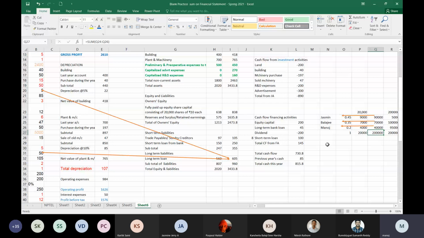Next year, suppose I tell you that I am also putting in so much, so I have only 20% holding. I am feeling inferior, so I want to bring in some more money. Please give me some shares. So you say, okay, don't cry, we are going to give you some shares.